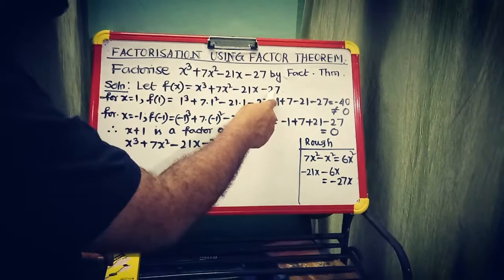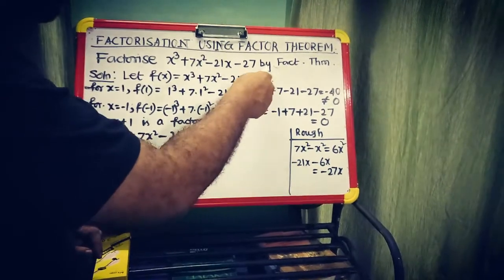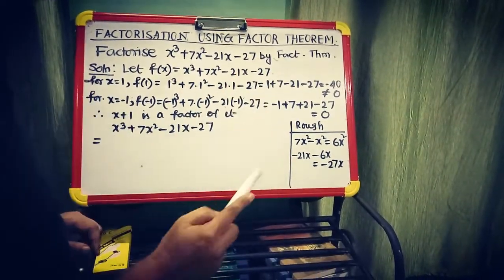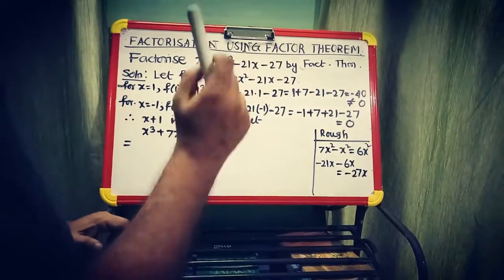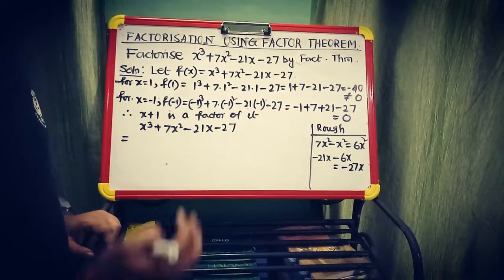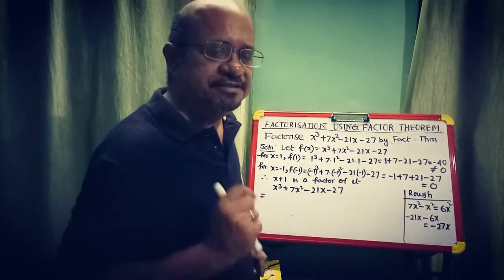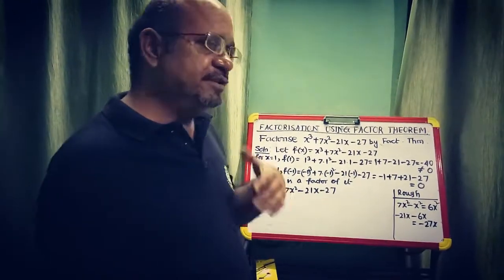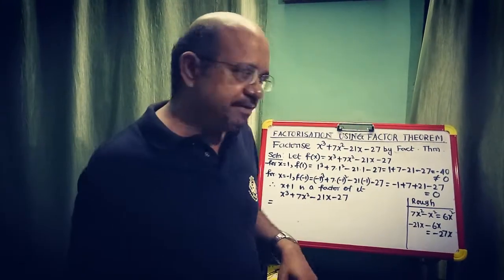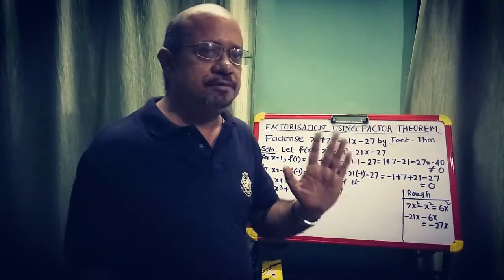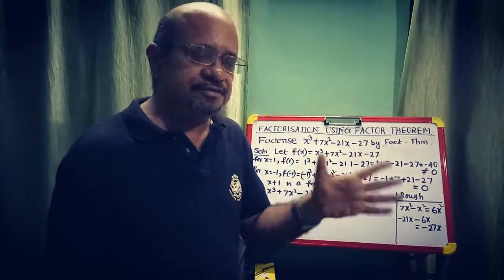The constant term is 27. Only consider the absolute value of it without the sign. So 27's factors are 1, 3, 9 and 27. If you consider the plus values as well as the minus values, we have at most 8 values to check with.